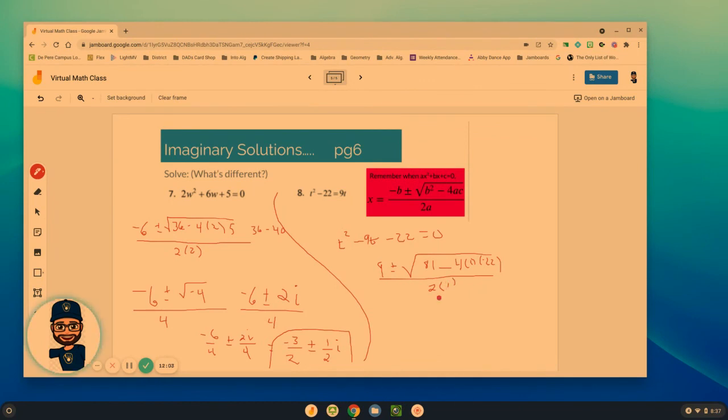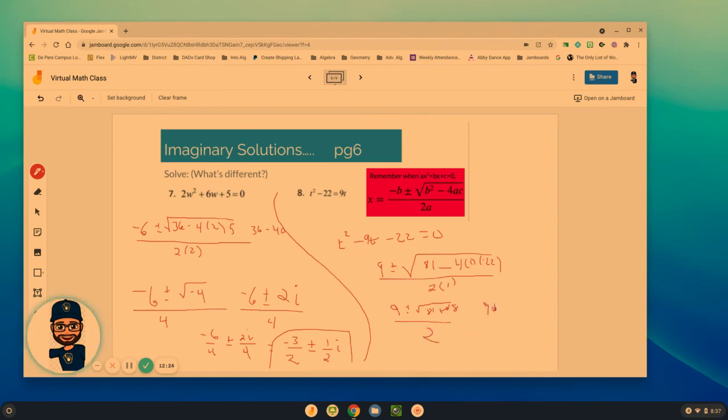So now we're going to work on simplifying. 9 plus or minus the square root of 81 plus 88. Negative 4 times positive 1 times negative 2 becomes positive 88, all over 2.